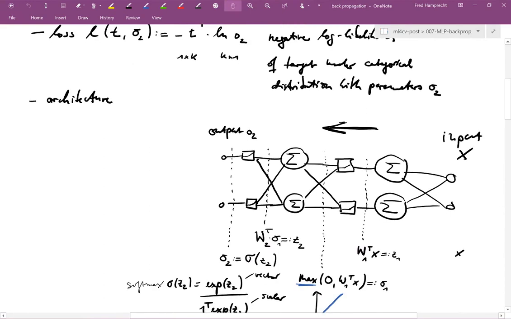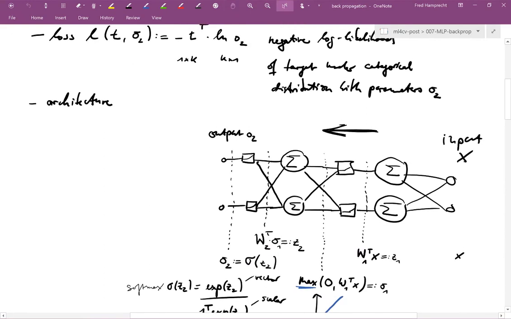Then I need a specification of the architecture. And for a network with a single hidden layer, and for two possible classes, I've given the architecture here. This time the input is ingested from the right-hand side, not from the left-hand side, because it's more convenient for me the way I described the equations to match this to the plot, to have the input injected on the right-hand side.